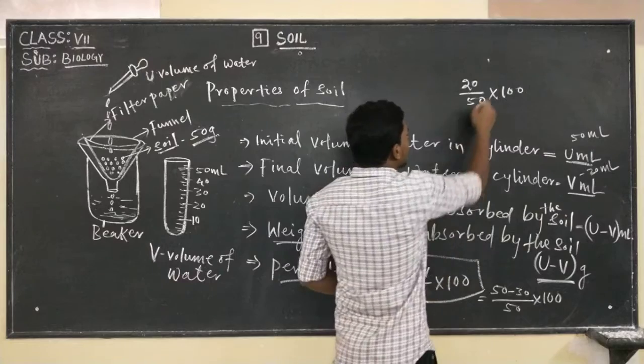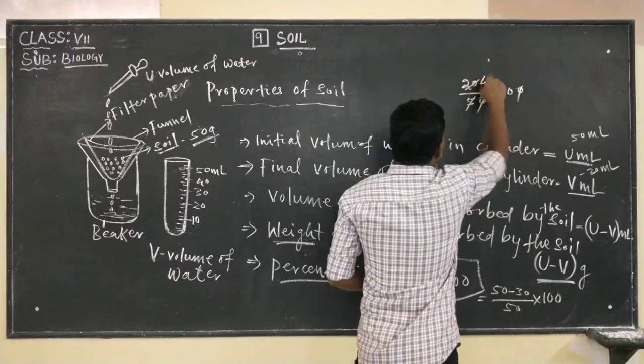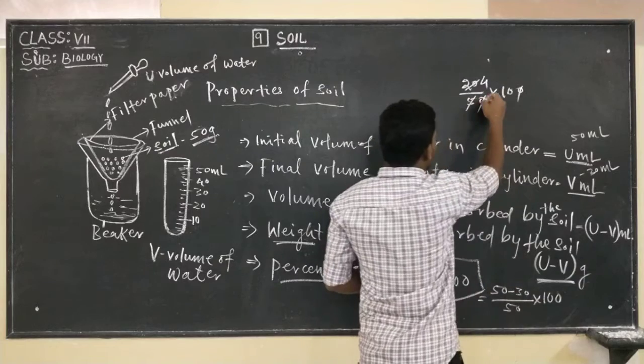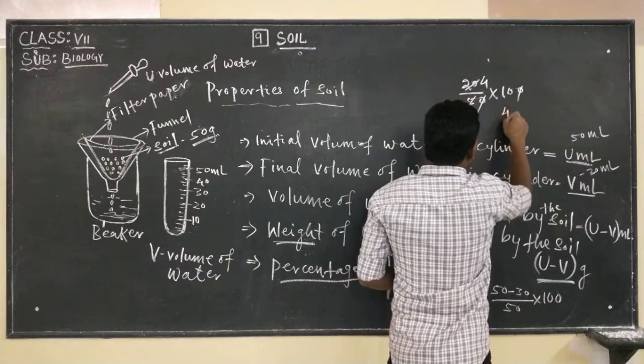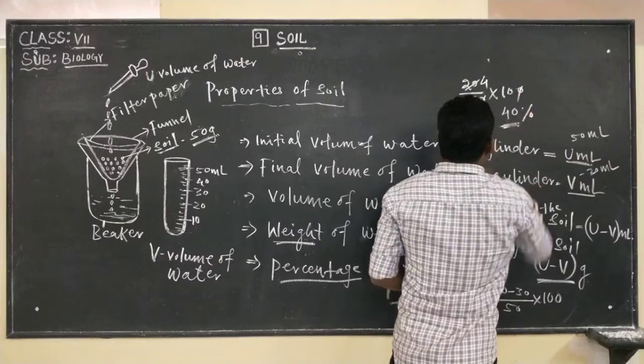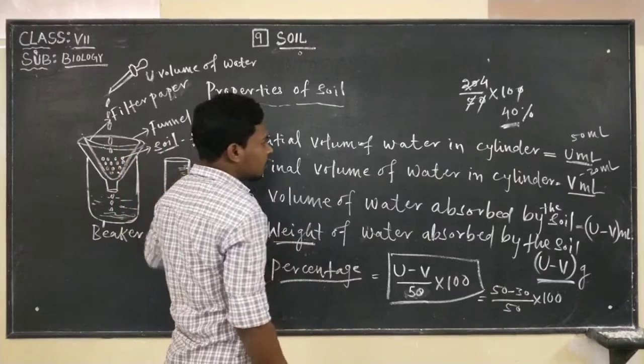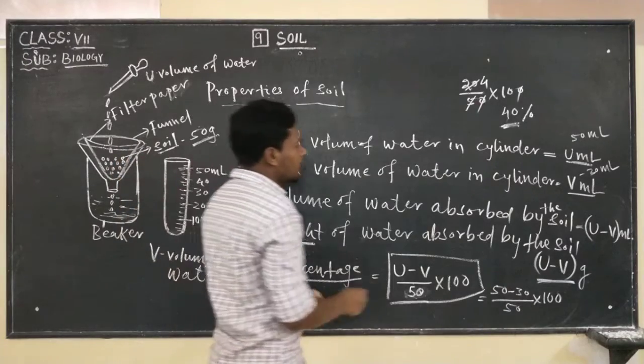Now zeros cancel. 5 4s are 20, 4 1s are 4, and 0. So in total, 40% of water is absorbed by the soil.